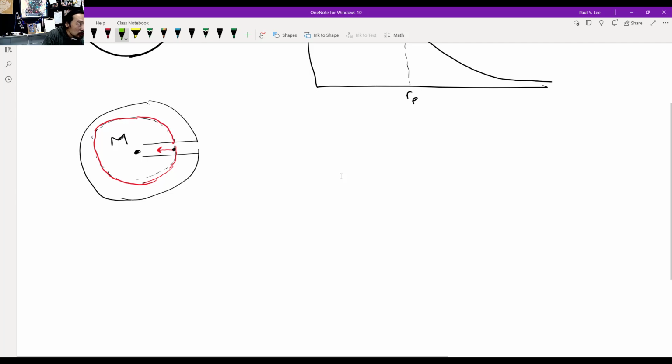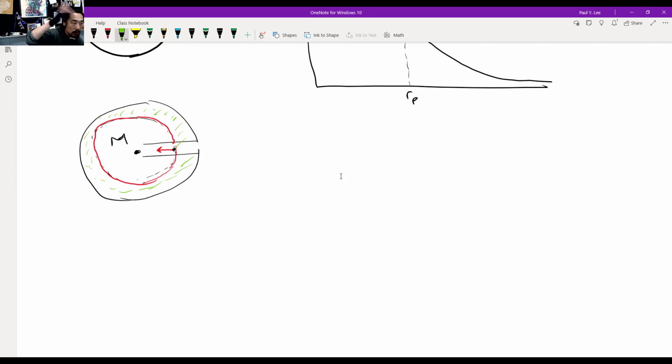Anything beyond it, I'm going to shade this over here. This part right here that I'm about to shade in, that part of the planet has nothing to do with pulling you towards the middle. That part of the planet actually pulls you away from the middle, but it's minuscule compared to the inside of the Earth itself. So we only care about the radial part that's encapsulated within the radius between you and the center of the planet.